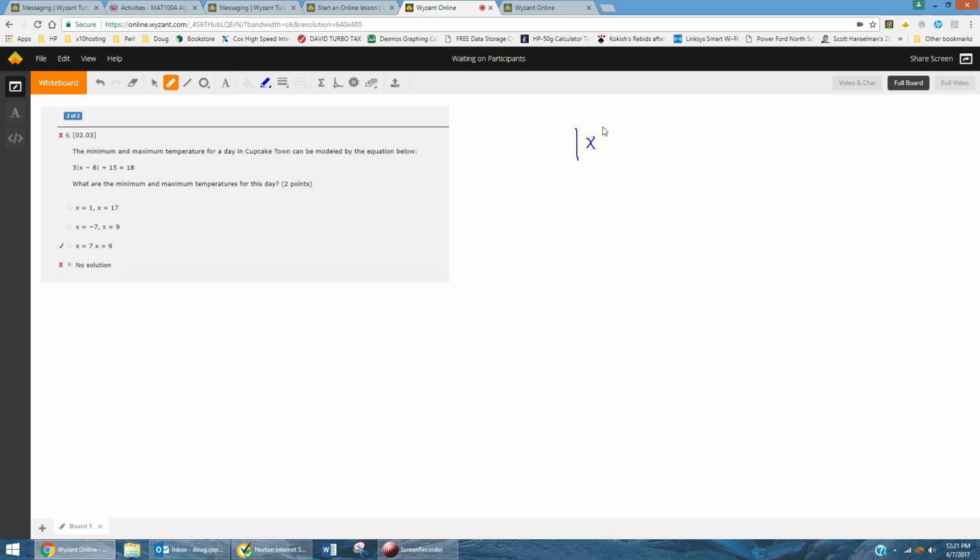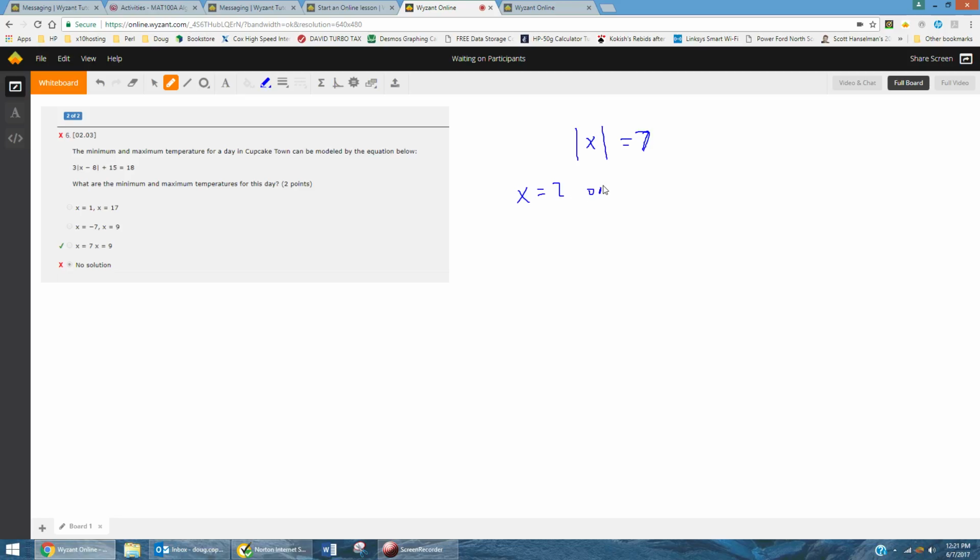If I have something like the absolute value of x equals 7, and I want to solve that for x, the way that you remove the absolute value symbols is to say that the expression inside the absolute value symbols either has to be equal to this number, which is positive, or it has to equal its opposite.